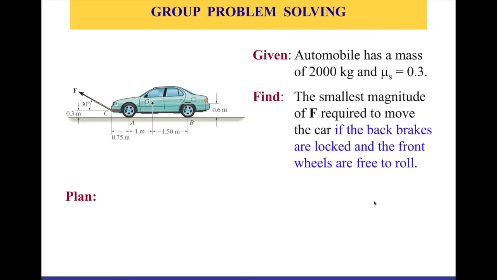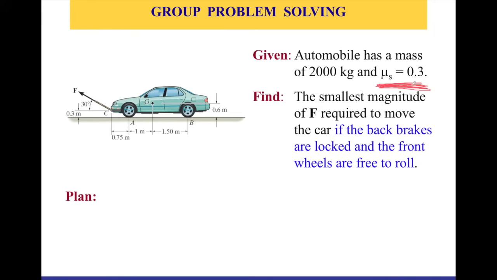Now, let's go into an example and see how we are going to construct our equations of equilibrium and use them to solve for unknowns. In this example, we have an automobile that has a mass of 2,000 kilograms, and we are assuming a coefficient of static friction of 0.3.